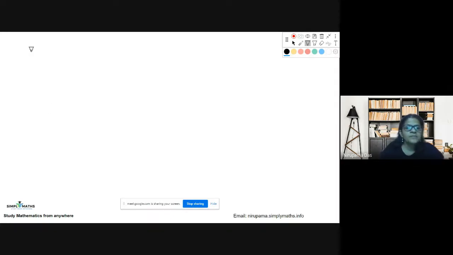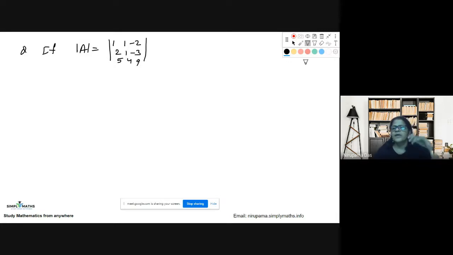If the determinant of A is equal to... or I may write here, just a minute. It is a question from the NCERT book.